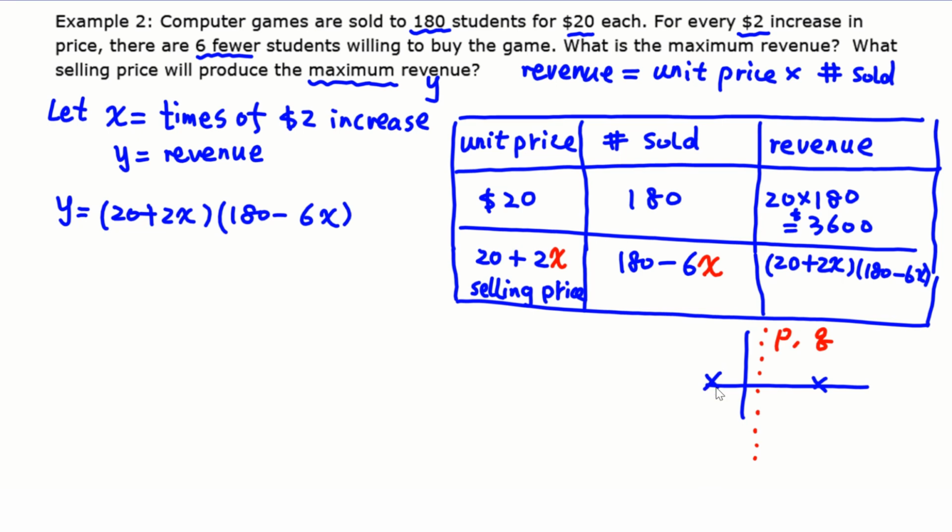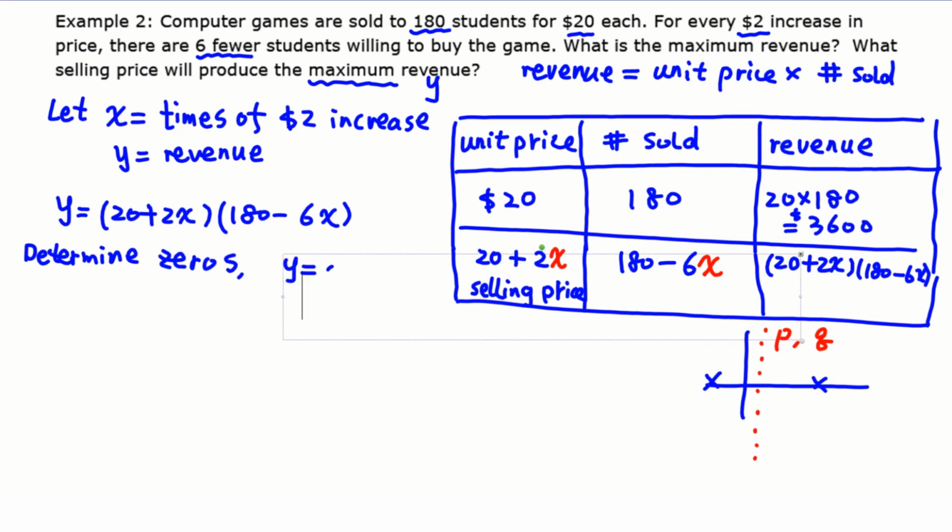So that is what we want to do. Because it is in factored form, we are going to determine the zeros. This will be easier than finding the vertex. Let's determine the zeros, and zeros means y equals 0.